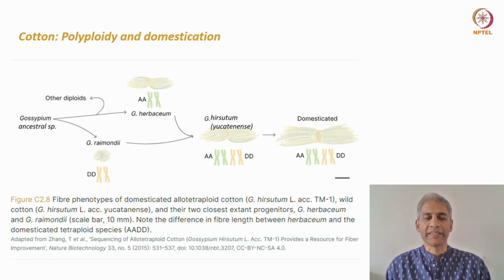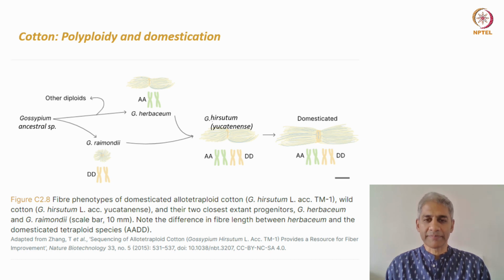In particular, we are interested in two species, Gossypium herbaceum, which is an old world species which was found in Africa, and its genome is called AA. And there was a new world species found in the Americas, which is called Gossypium raymondi.